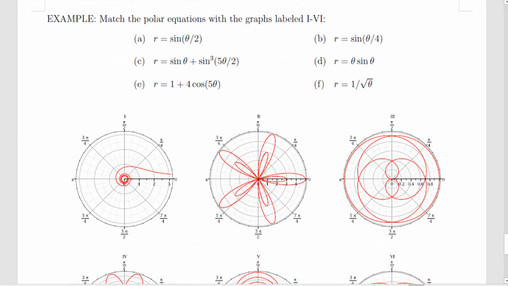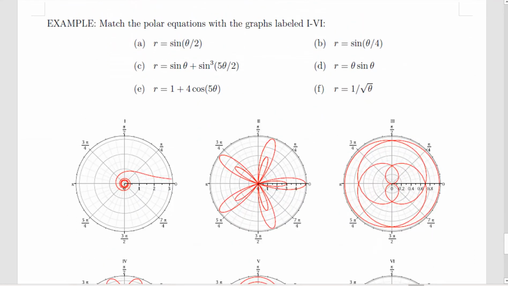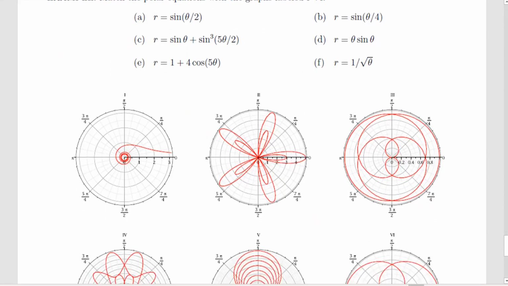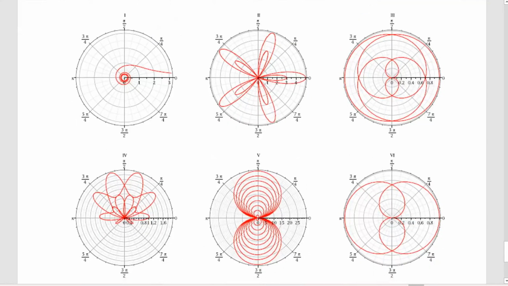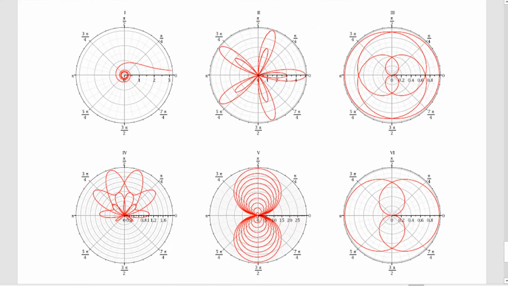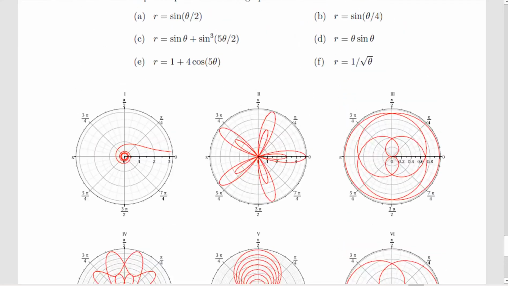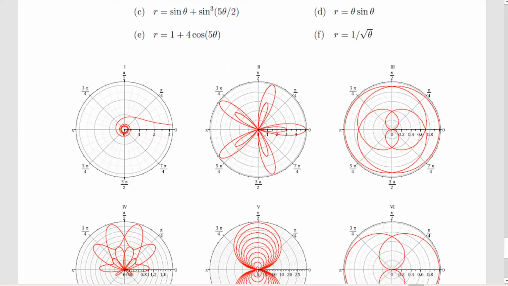Next, we're going to match the polar equations with the graphs labeled from 1 to 6. So how do we match? First of all, you can plot some points and identify them.